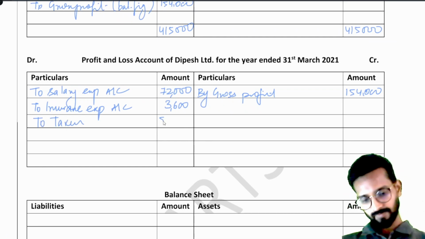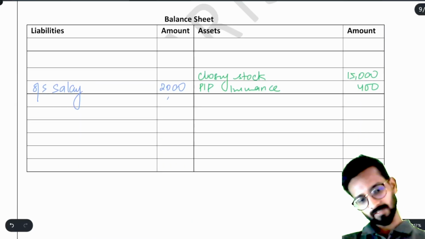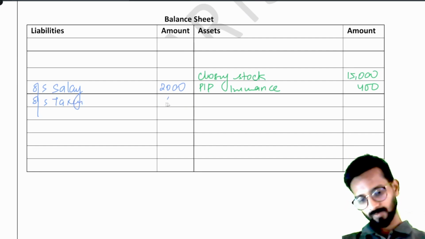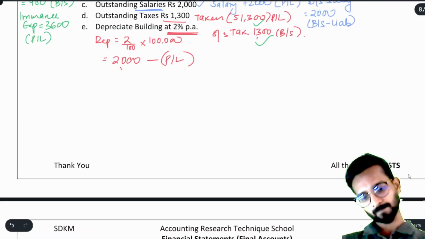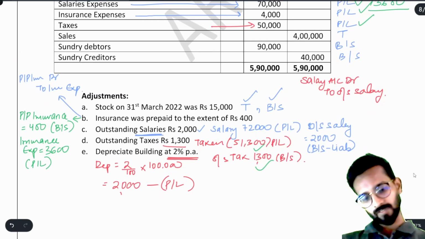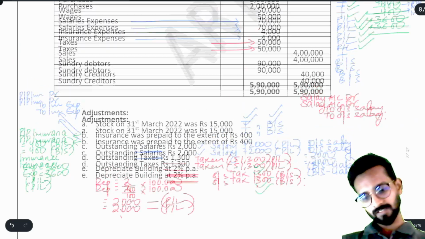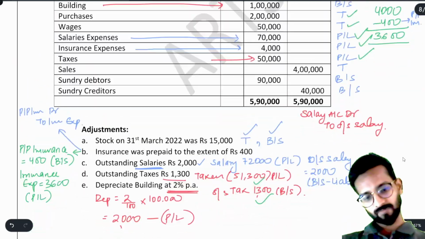Taxes 51,300, then outstanding taxes are 1,300. Okay, after that, insurance done, salary done, taxes done. Now no item is there for P&L.